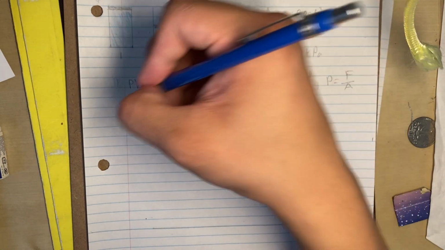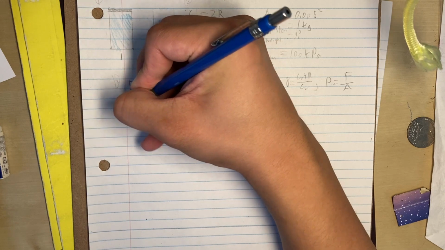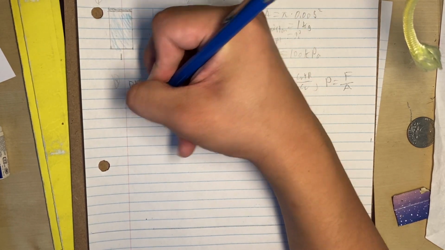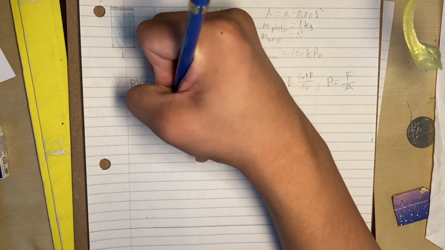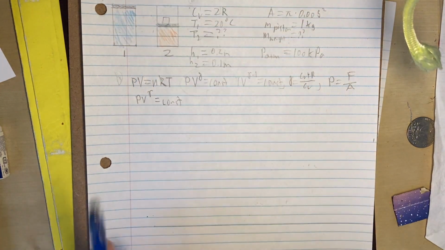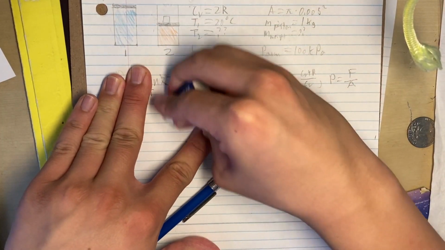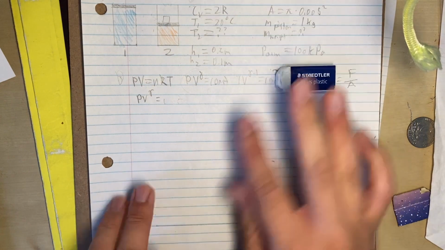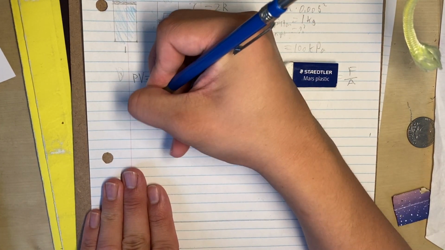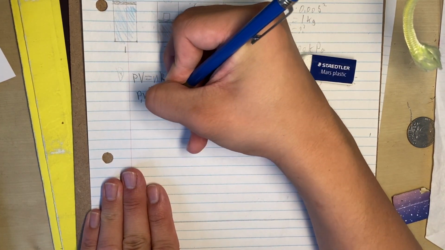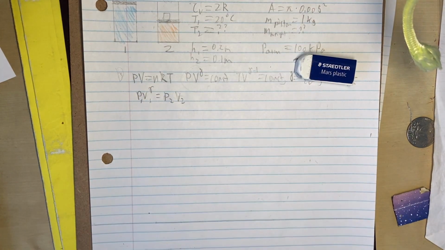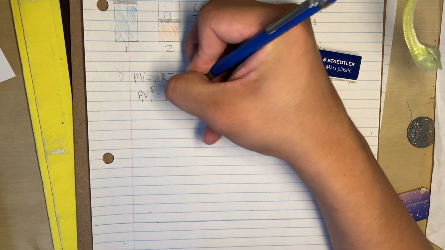PV to the power of gamma is constant, right? Oh, wait, sorry. I should actually do this differently. P1 V1 to the power of gamma equals P2 V2 to the power of gamma.